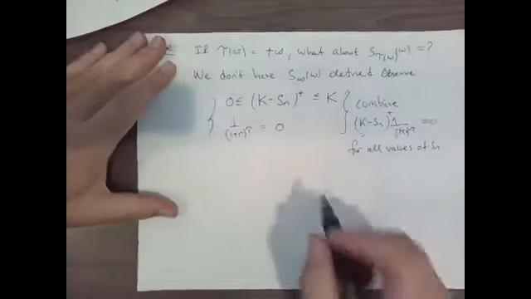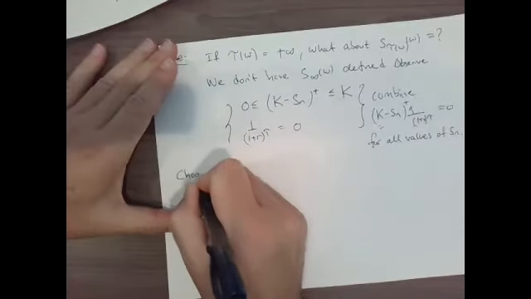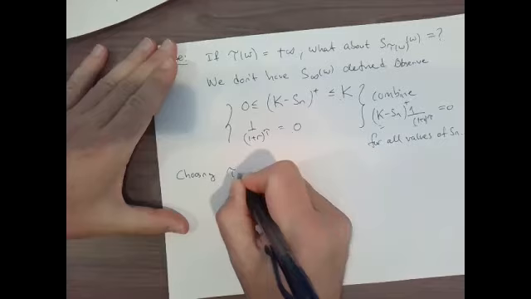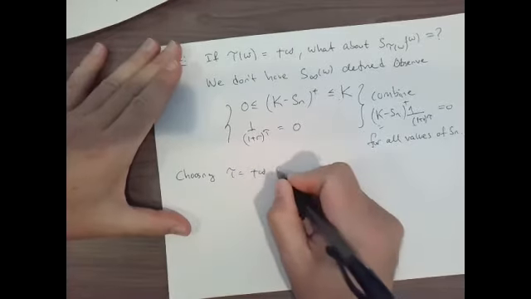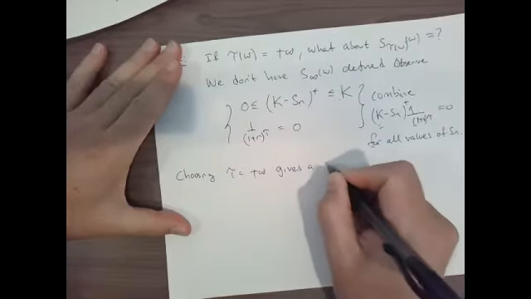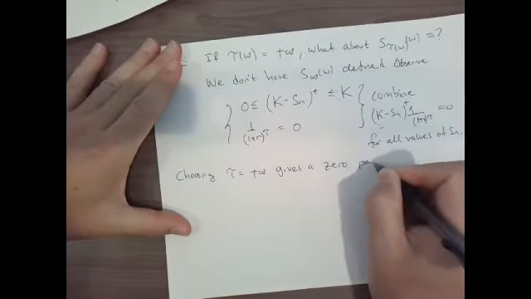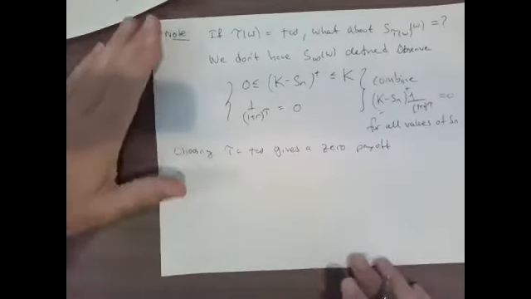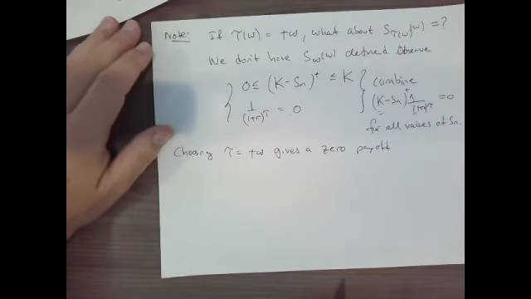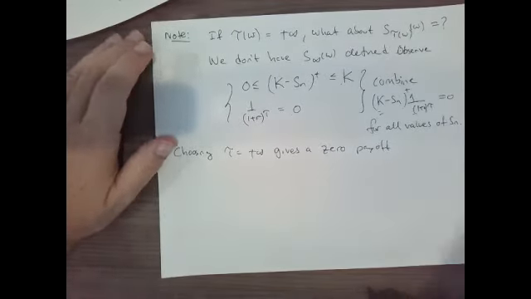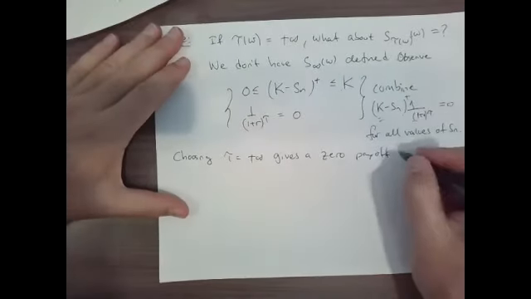So this is going to be equal to 0 for all values of Sn. In other words, choosing tau to be plus infinity gives a 0 payoff. So this is not optimal.